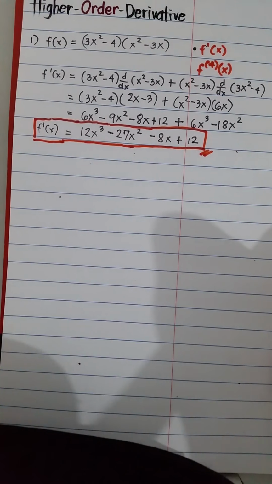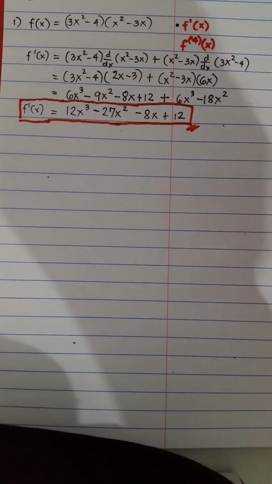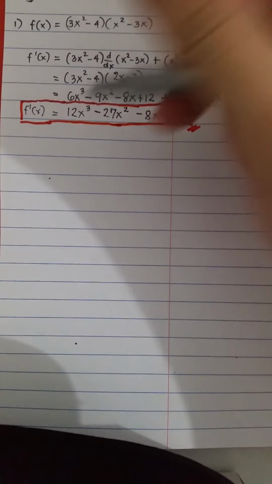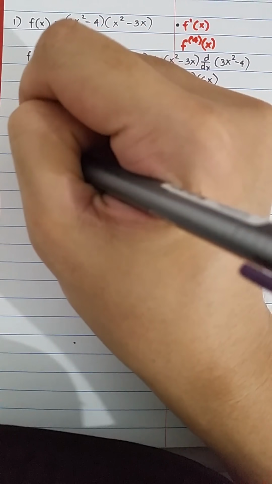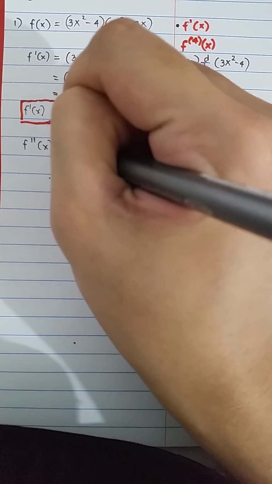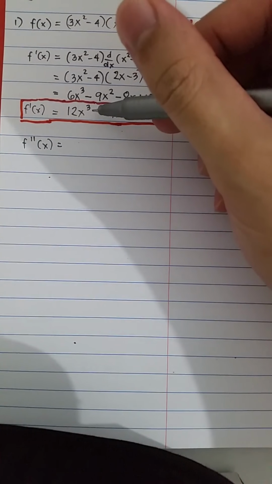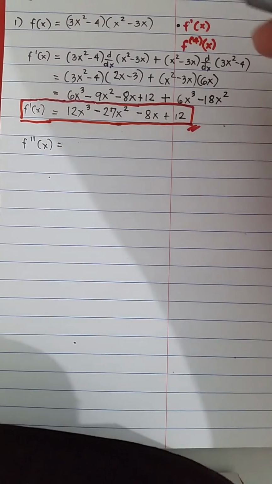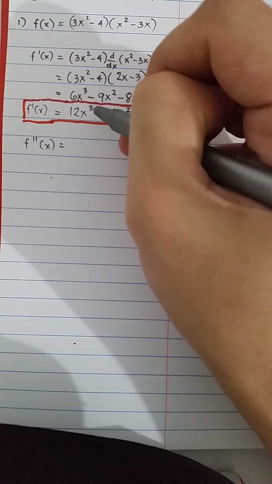So let us now get on to the fourth derivative. Of course, we will get the derivative of the first to get the second. So we have here f double prime of x. Again, the derivative of the first is called the second derivative. So this is applying the power rule.